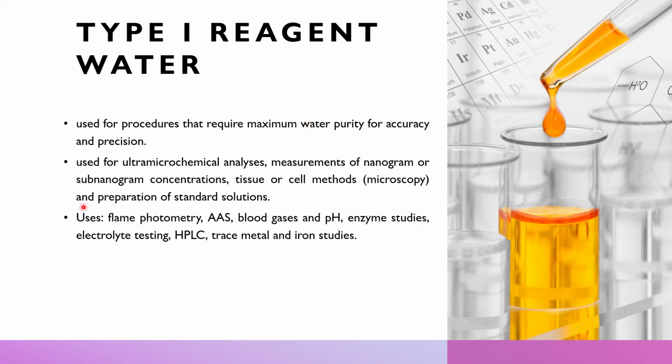Type 1 reagent water, class, is used for these different types of tests and instrumentation: flame photometry, atomic absorption spectroscopy, blood gases and pH, enzyme studies, electrolyte testing, HPLC, trace metals, and even iron studies, and many more because this is used for most routine laboratory tests.